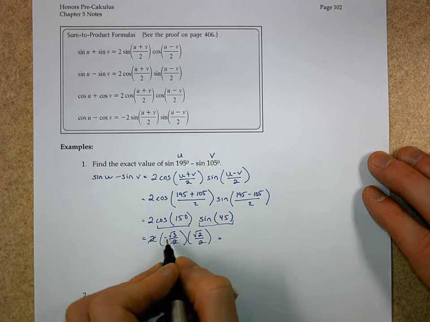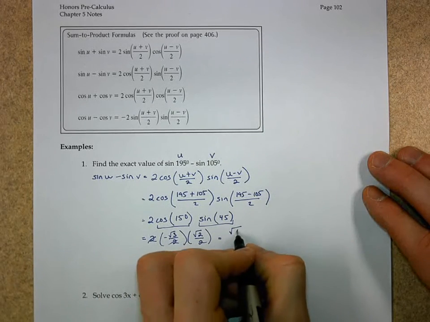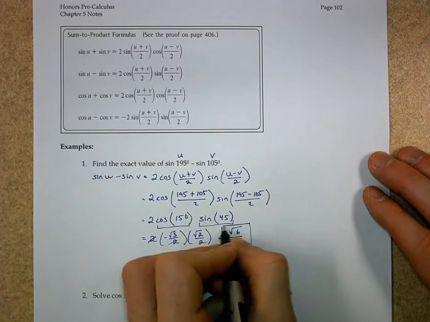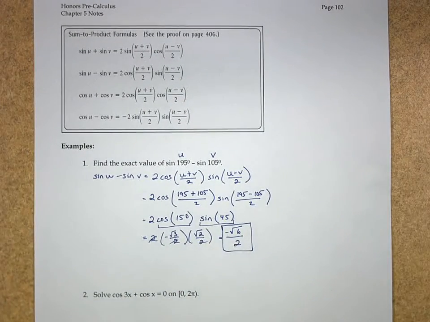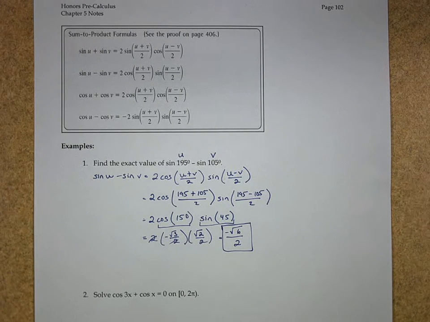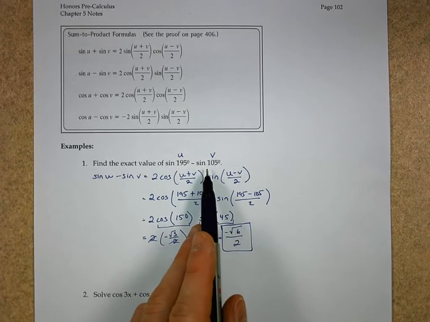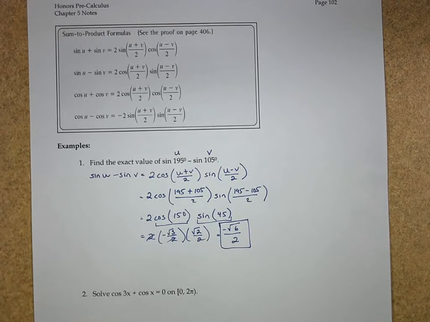And the negative square root of 3 times square root of 2 is negative square root of 6 over 2. So the exact value of the sine of 195 minus the sine of 105 is negative square root of 6 over 2. And you can see how that's different from saying sine of 195 minus sine of 105 is sine of 90 degrees, because you know what the sine of 90 is. That's on the unit circle.